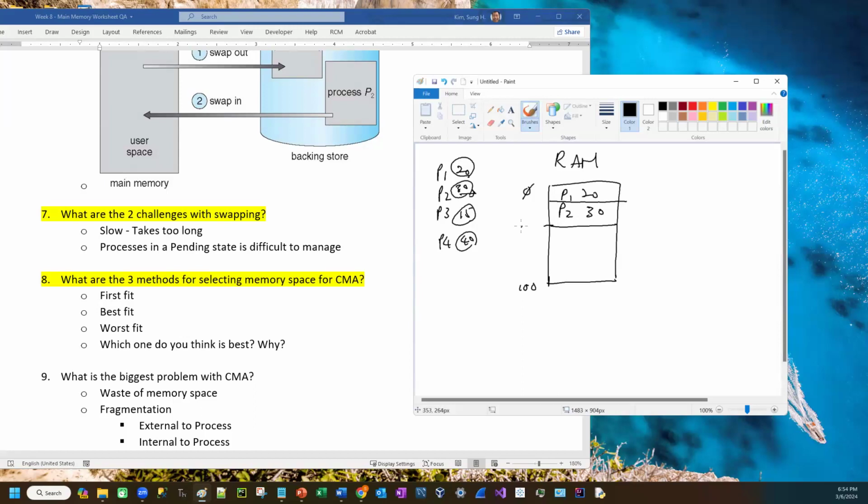Now this is at 50 now, right? So this is at 20. And then when P3 comes in, I have a space here. So I'm going to give him the 15 that he's asking for. So here's P3, here's a 15. So this is 65. And then when P4 comes in, it's asking for 40, and I have it, right? So I put it here. Well, can I put 40 here?